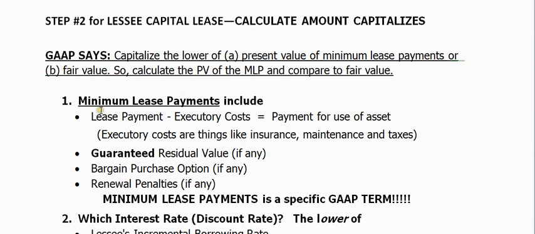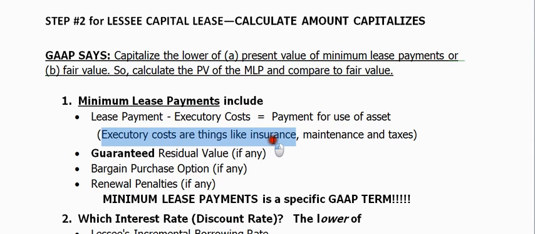I mentioned this last time, but I'm going to emphasize it again: this term minimum in front of the words lease payments is a specific GAAP term, and it just describes the cash flows. The first component it includes is the lease payment, but you have to subtract out executory costs.